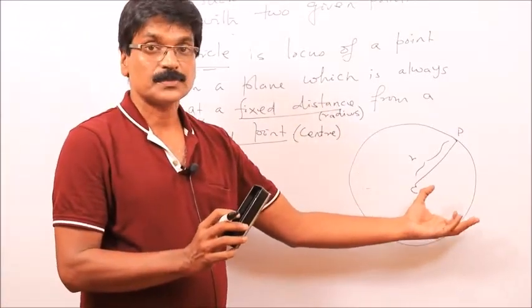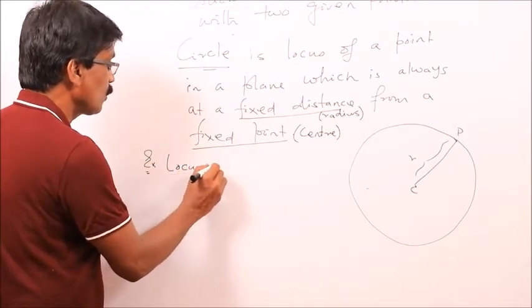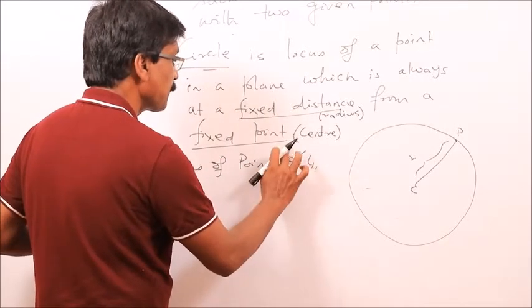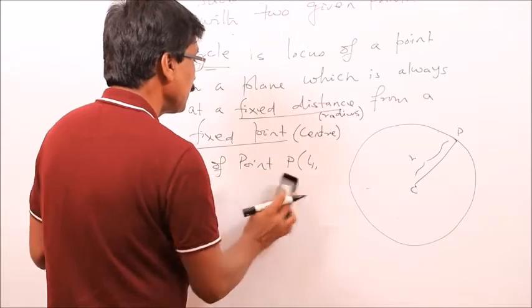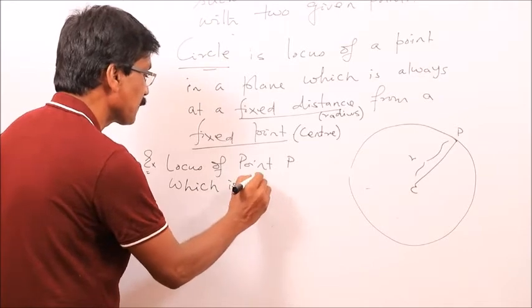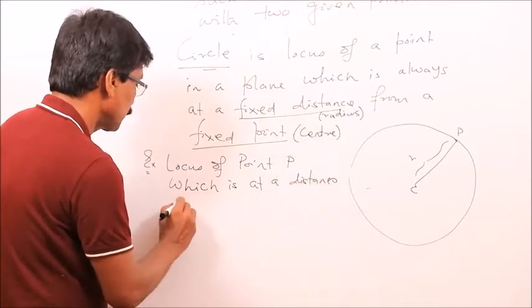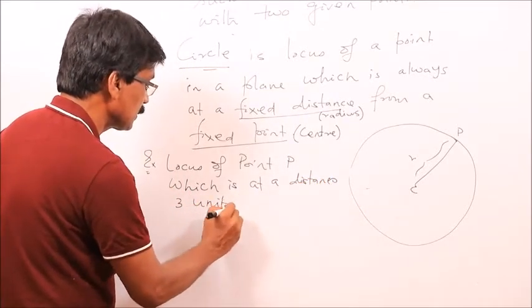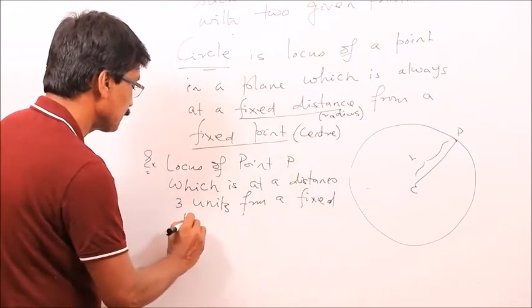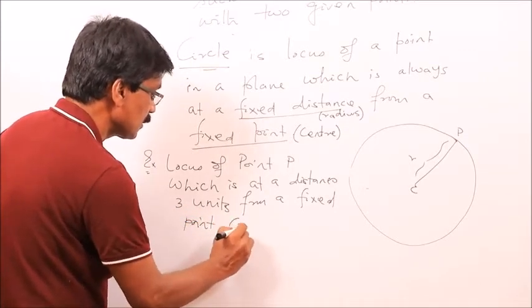Take an example: find the locus of a point P which is at a distance of 3 units from the fixed point (2, -1).